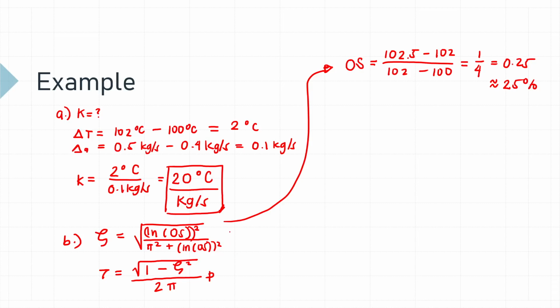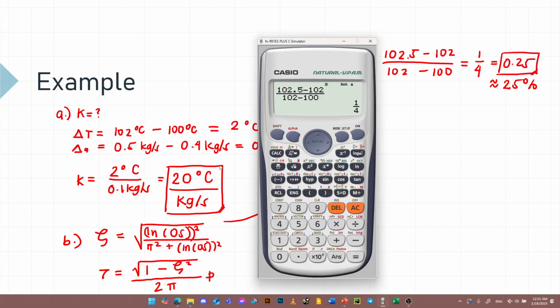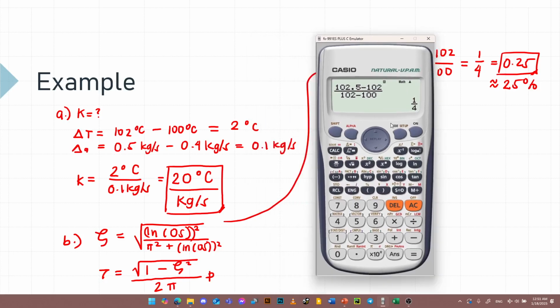Now we should be able to solve for our zeta. If we know that our overshoot is around 0.25, we should be able to input this one into our calculators as well. So let's try to find the square root of ln of 0.25, squared, divided by pi squared plus ln of 0.25 quantity squared.